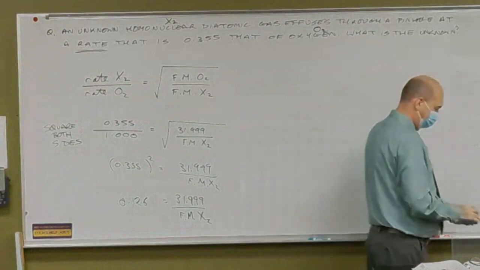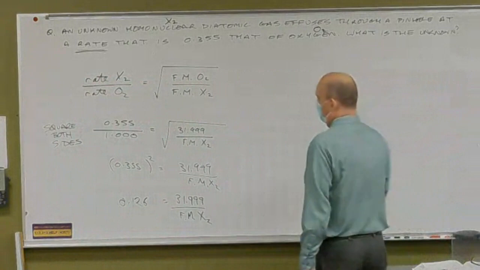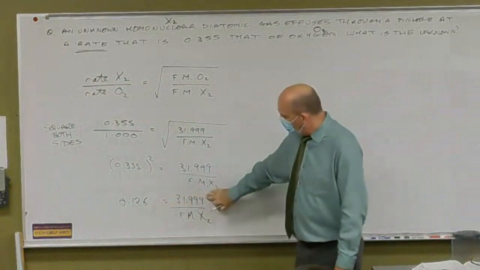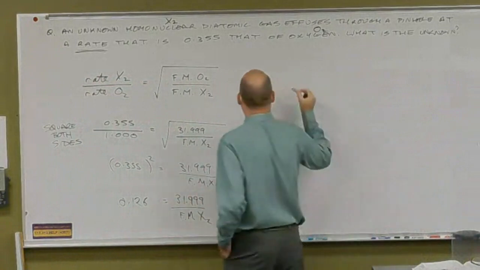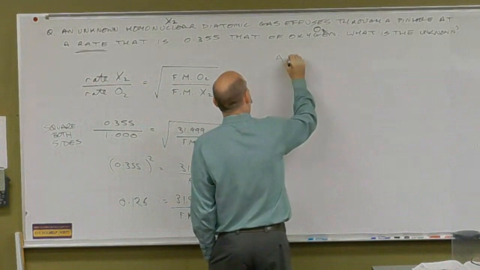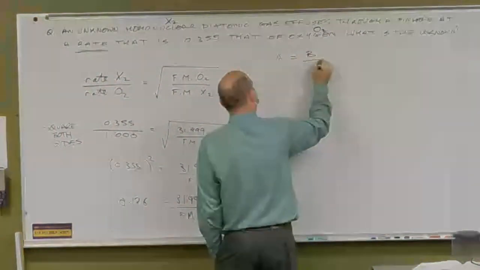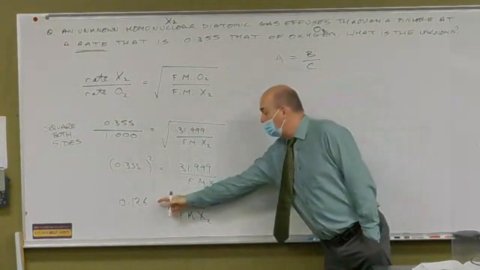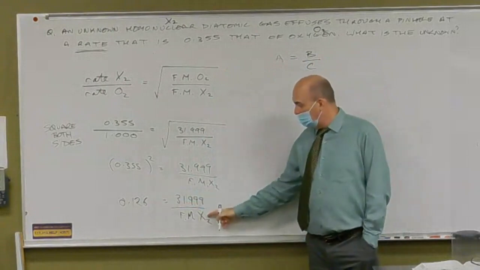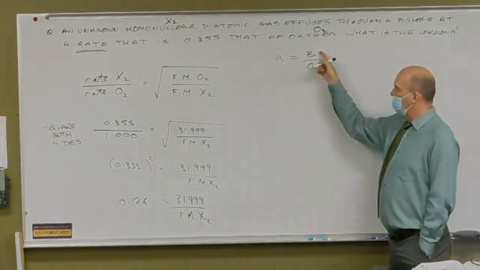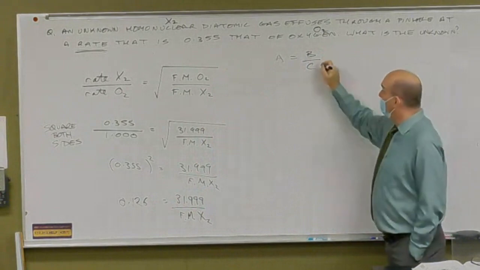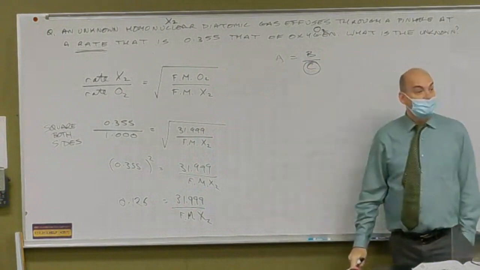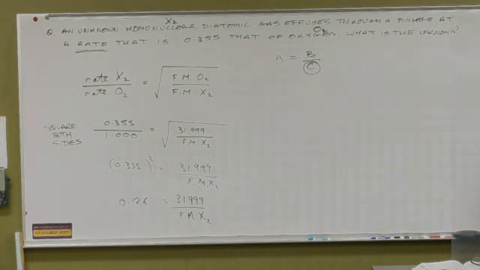Algebra. This number is equal to that number divided by that number. A is equal to B divided by C. The number I want is C. That's the value that I want to find.